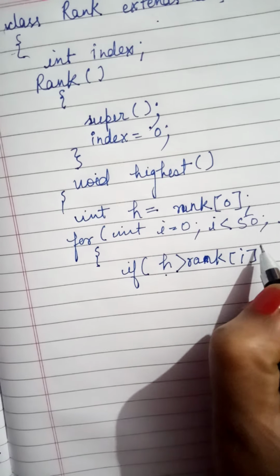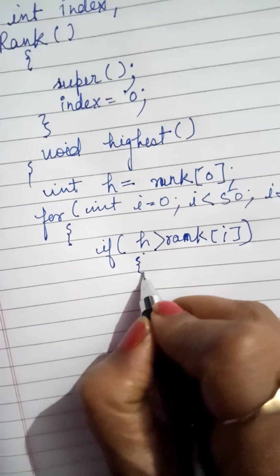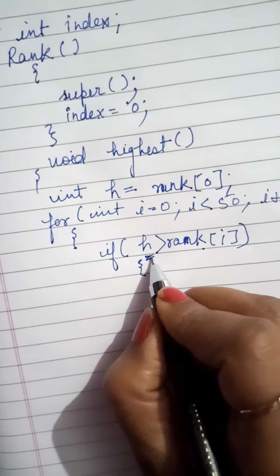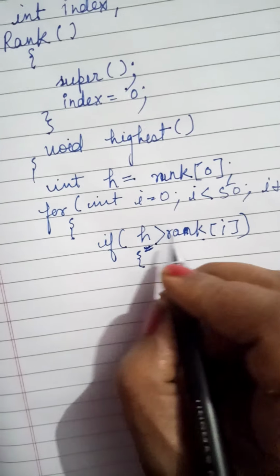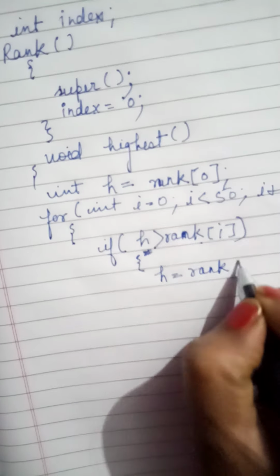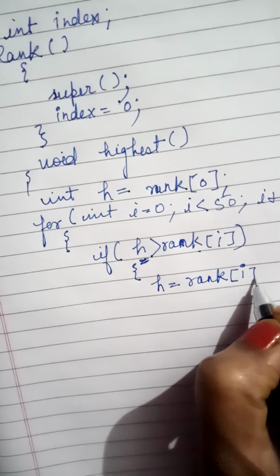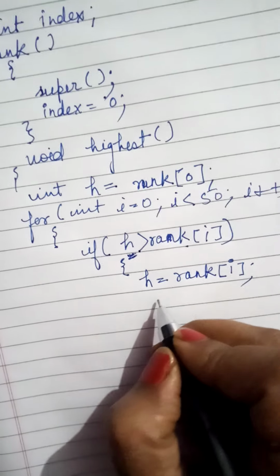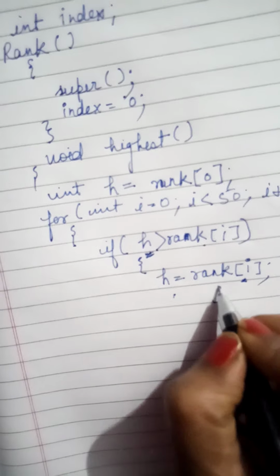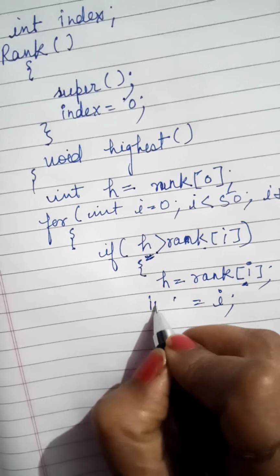rank[i]. Okay, and if any of them is greater than the value of h, then we are storing that rank into h instead of the 0th index value, and this index will be the index of the highest rank.